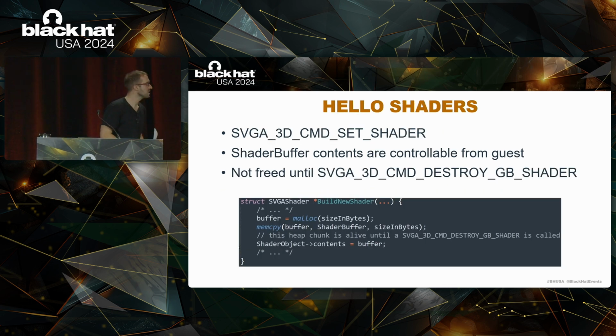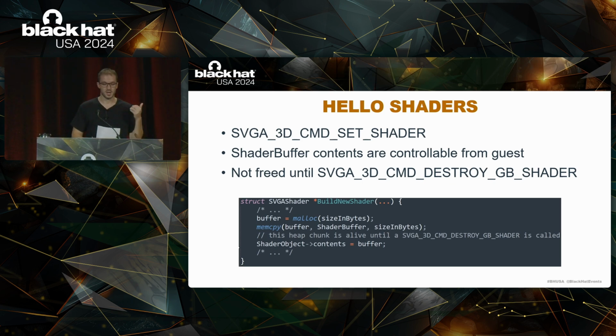Again, by reversing, I managed to find another SVGA handler, which was called setShader. Below, you can see the reversed source code of this handler. It calls a malloc, and the size argument of malloc is controlled by the guest. The allocated buffer is used as a destination for a memcpy operation, and the source of the memcpy is also fully controlled by the guest.